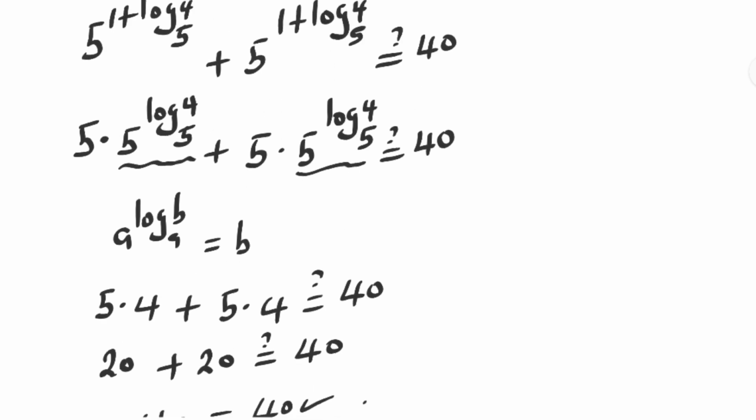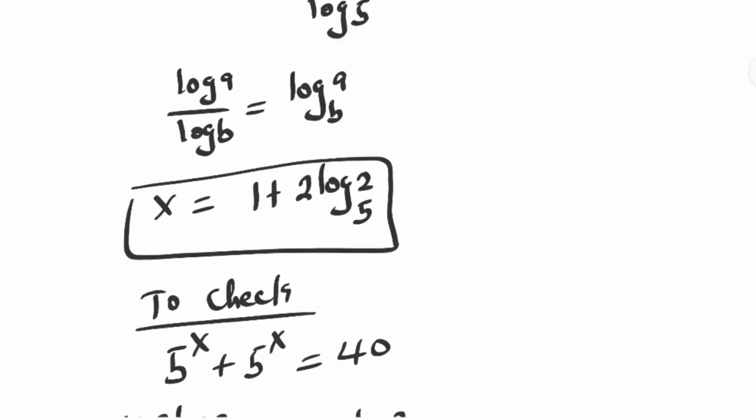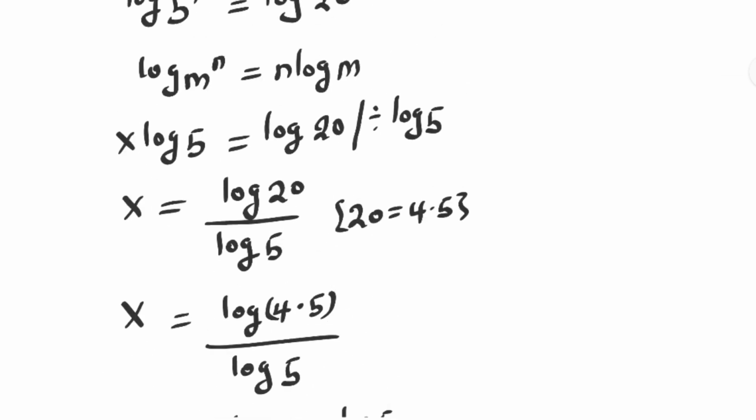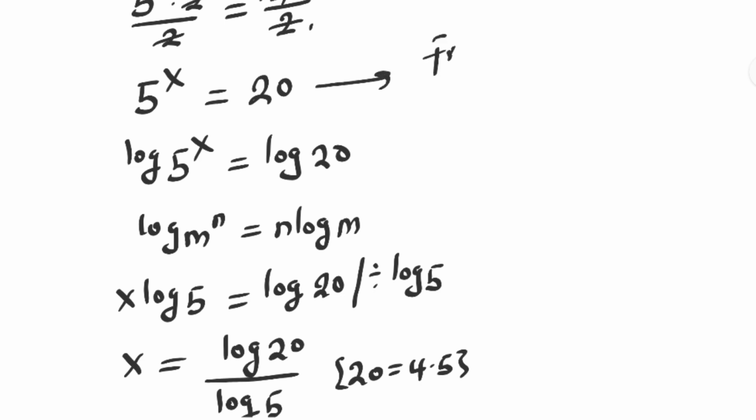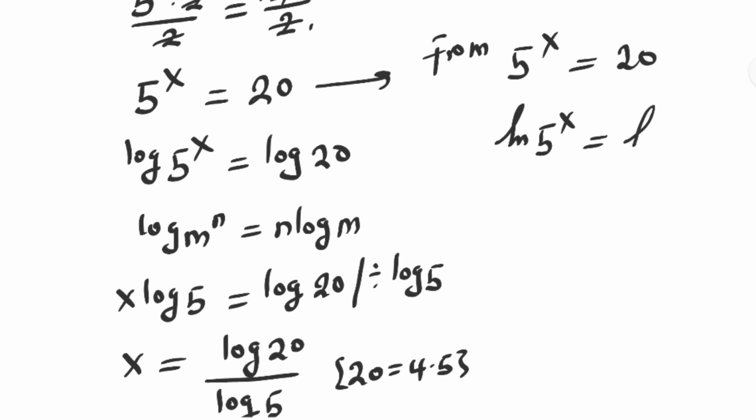Now, let us solve this using another method, called method 2. That is, from 5 raised to power x is equal to 20, let us take the natural logarithm on both sides of this equation. ln of 5 raised to power x is equal to ln of 20.